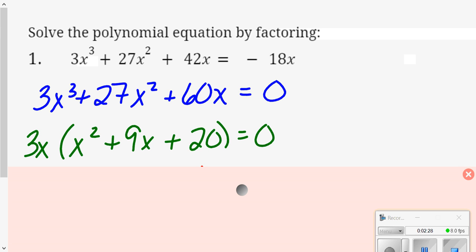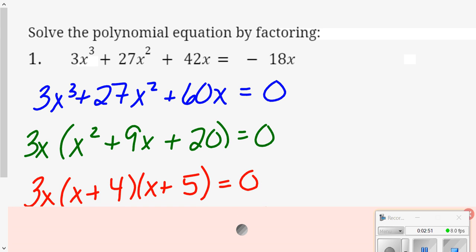Okay, now we need to factor the part that's in the parentheses. This is a good old classic, what multiplies to 20 but adds up to 9. Write on your paper what you think it will be. Okay, I hope you picked 4 and 5. Okay, so this is our factored form.